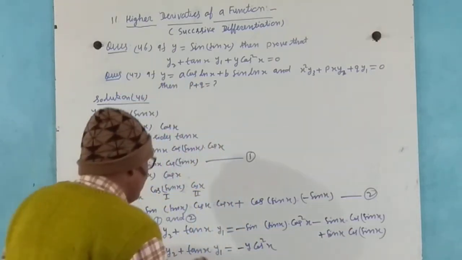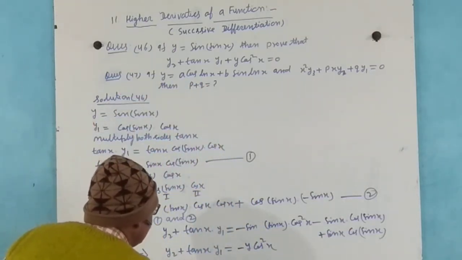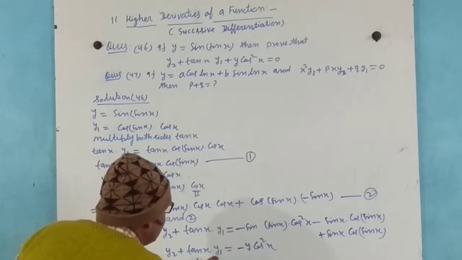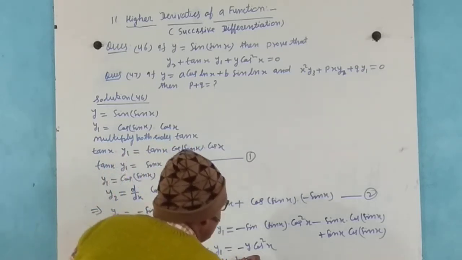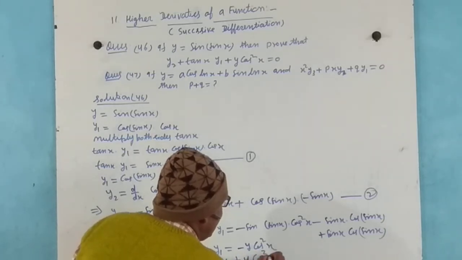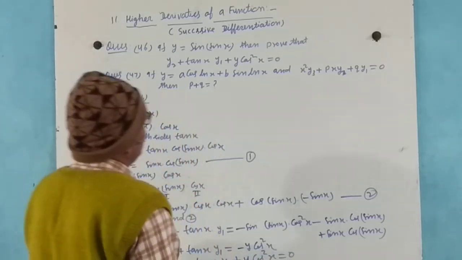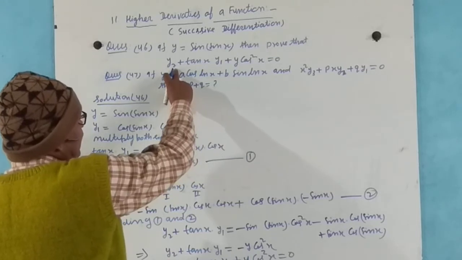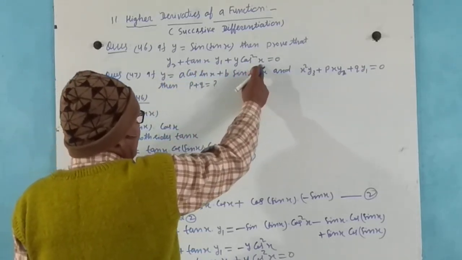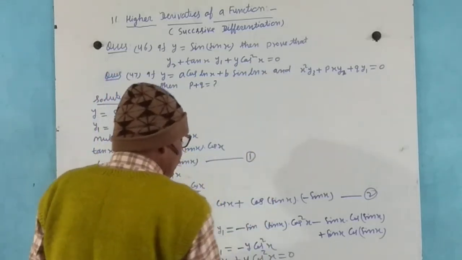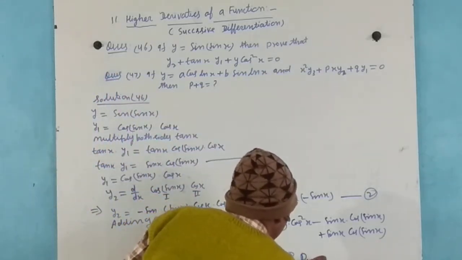This and this cancel, which implies that y2 plus tan x into y1 plus y cos square x equals 0, and here we have proved that y2 plus tan x y1 plus y cos square x equals 0, so this is proved.